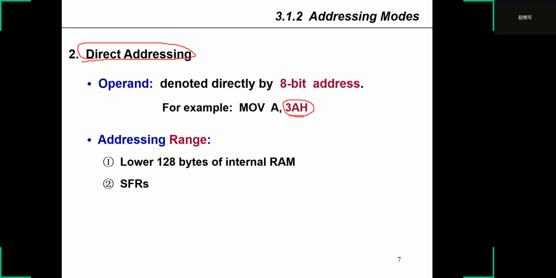For example, move the value at address 3AH to A. This is direct addressing. Addressing range: the lower 128 bytes of internal RAM and the SFRs, the special function registers.